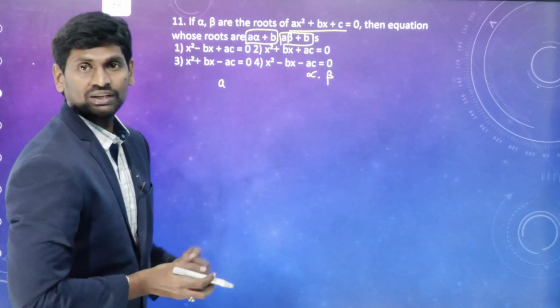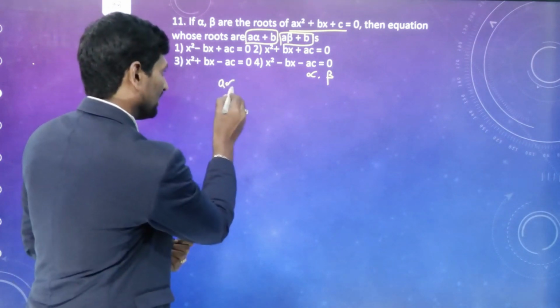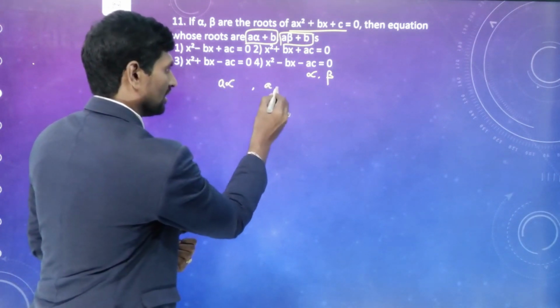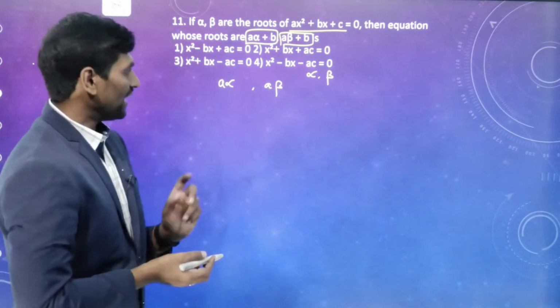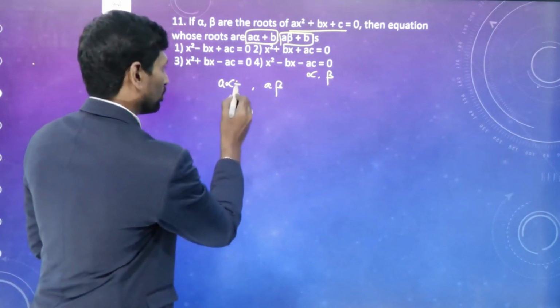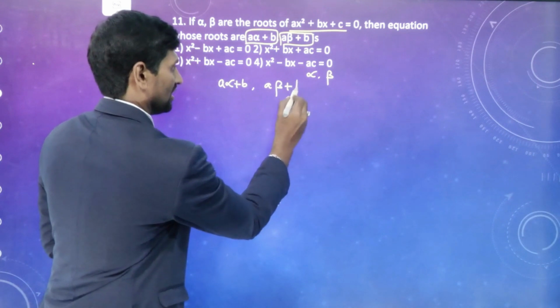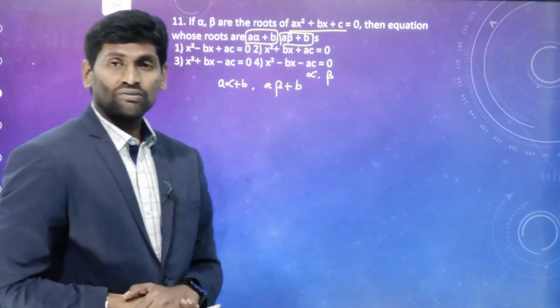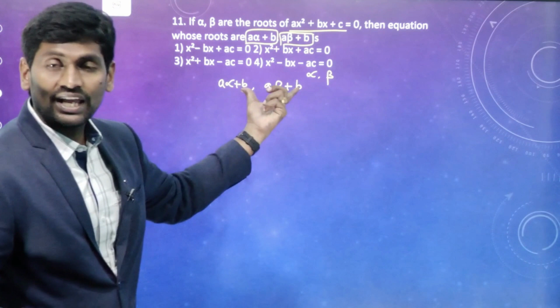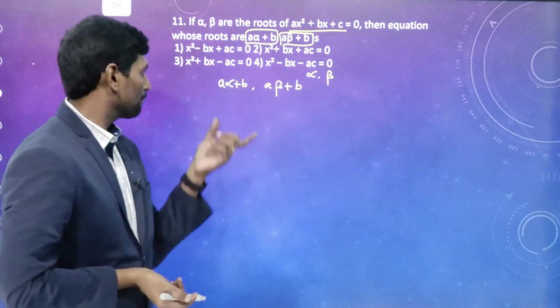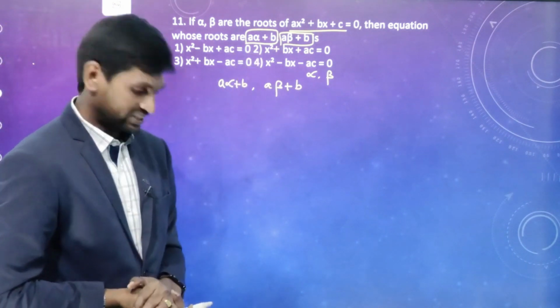First this alpha beta multiply with a, then a alpha, a beta, then add b on both sides, for both of them b, then it will be a alpha plus b, a beta plus b. Okay? That is the only condition here.